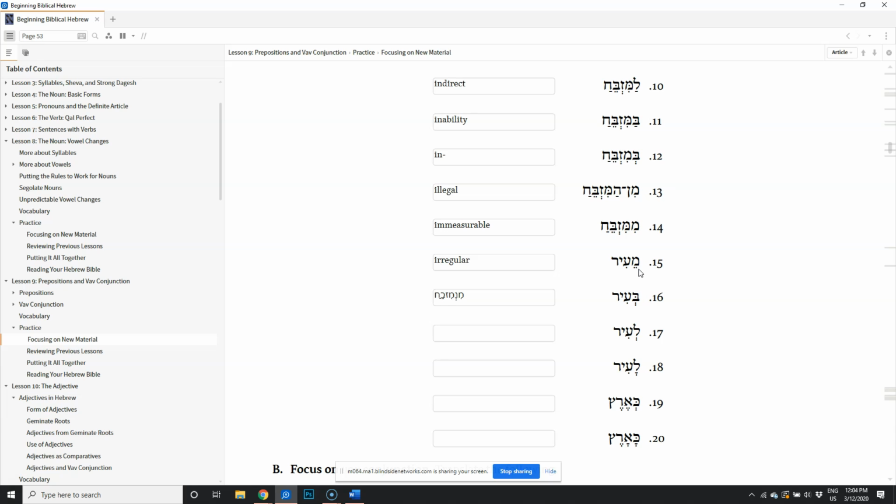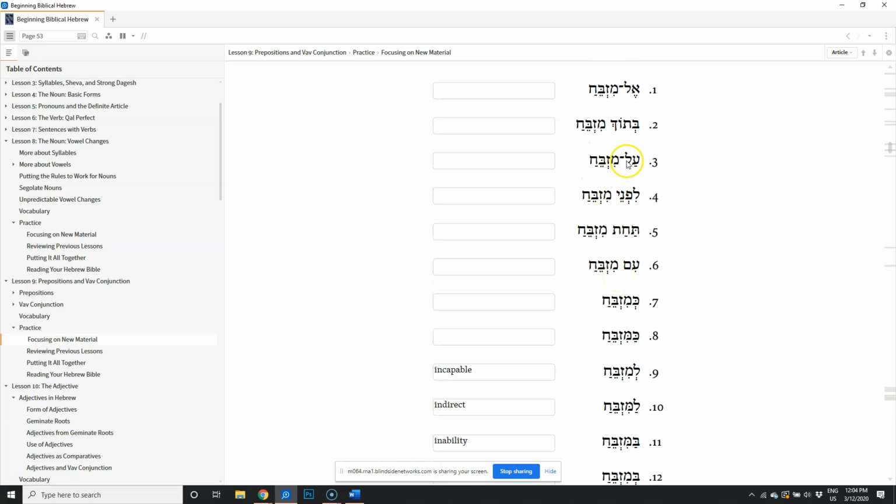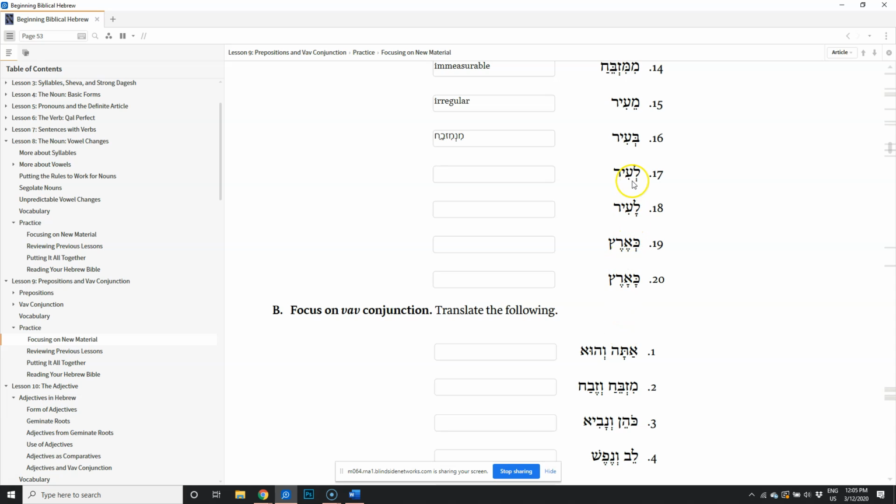Well, I believe every time min prefixes a definite noun, it's going to be one of these makef forms. So you'll actually have min out here, and then you'll have ha, whatever the word is. So whenever you see min on a word like this, inseparably, you can go ahead and assume that that is indefinite.